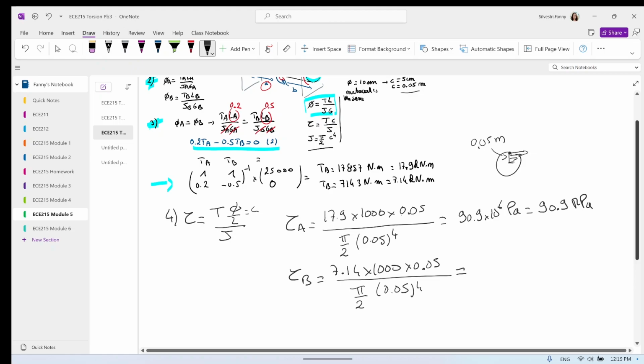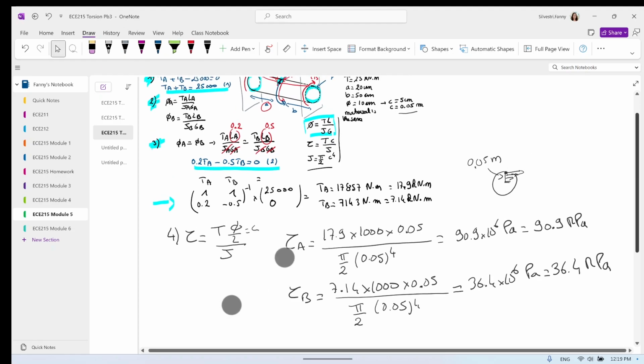That gives us 36.4 times 10 to the 6 pascals, 36.4 megapascals.